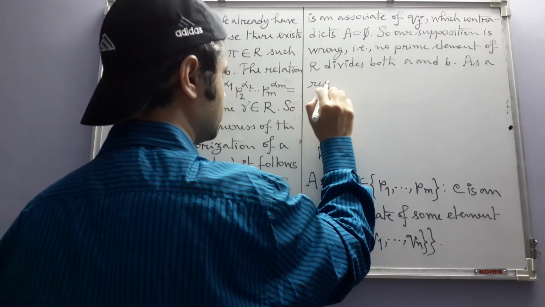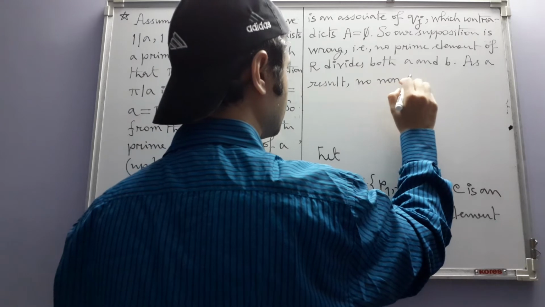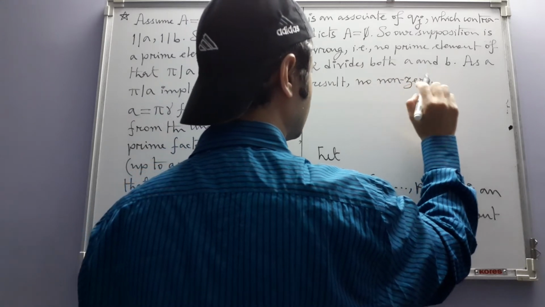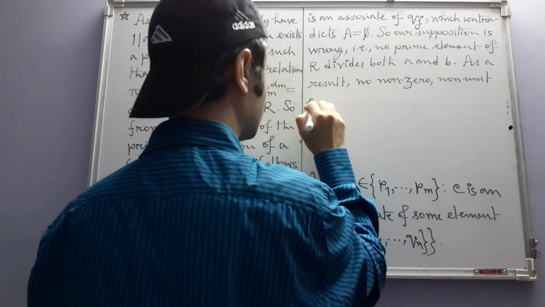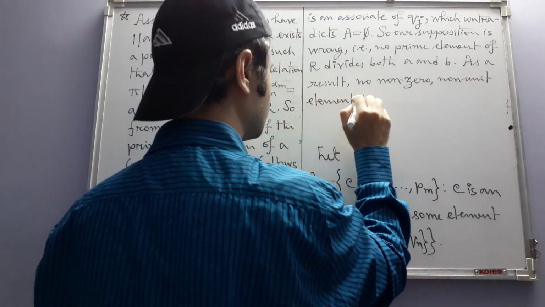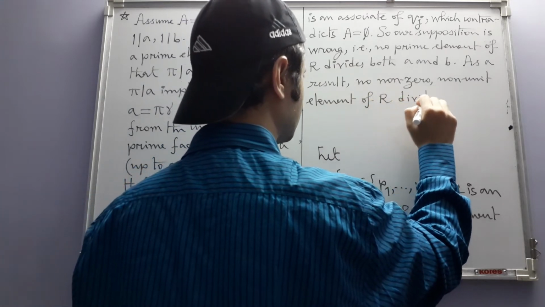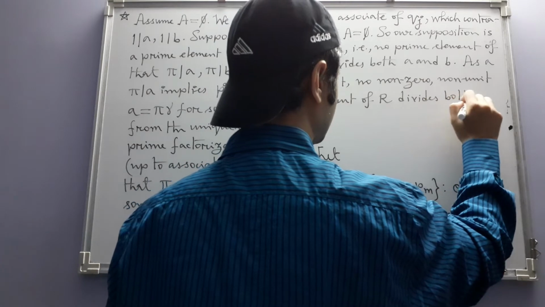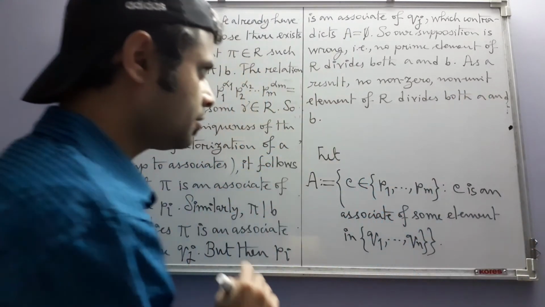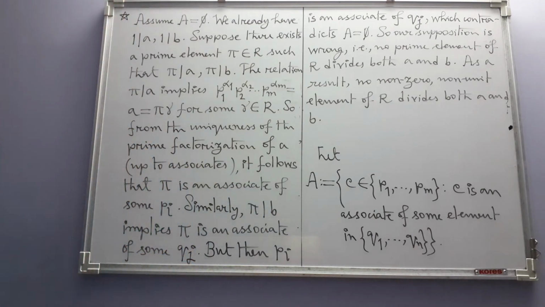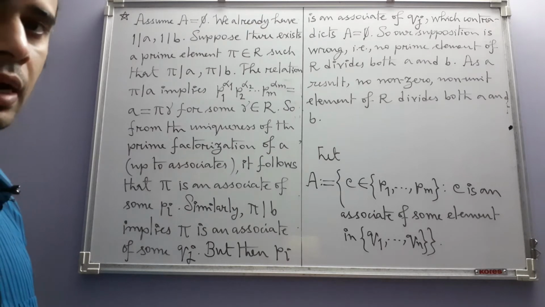As a result, that means the only elements of R that divide both A and B are units.